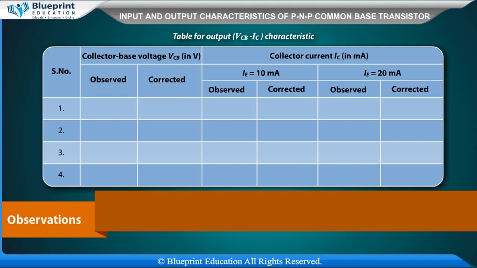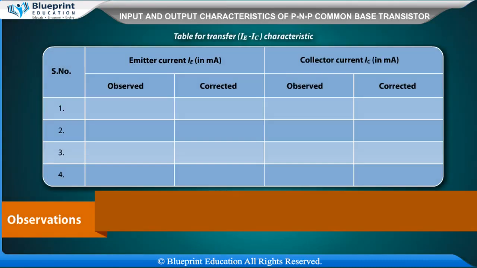IE is equal to 20 milliampere, observed, corrected. Constant value of collector base voltage VCB is equal to -4 volt. Table for transfer, IE minus IC characteristic. Emitter current IE in milliampere, observed, corrected. Collector current IC in milliampere, observed, corrected.